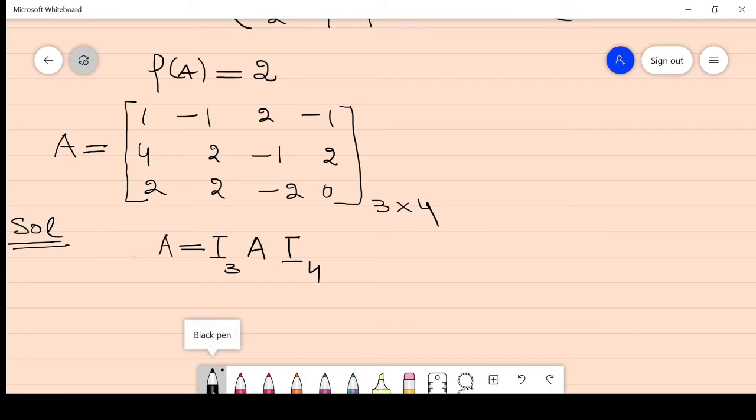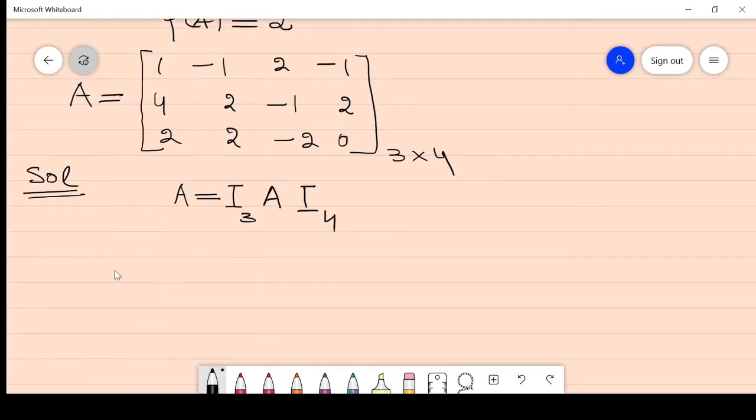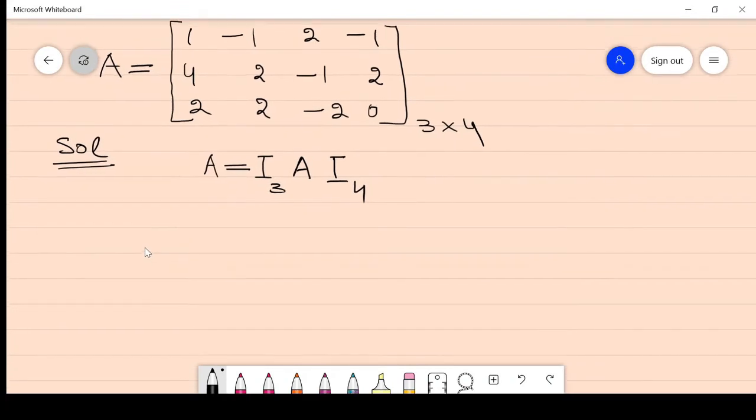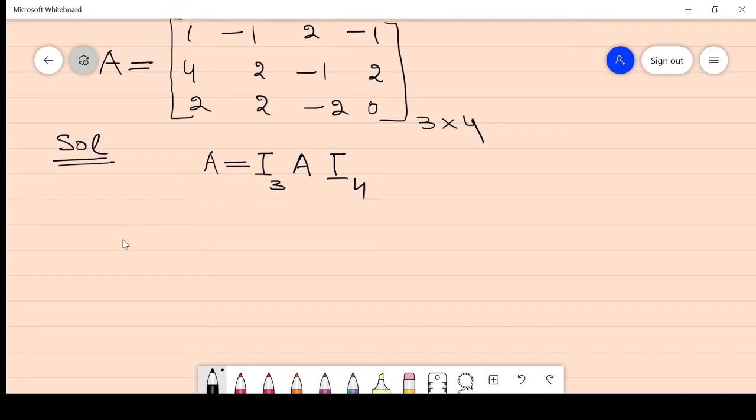Now from this, this can be written as, this is the matrix A: 1 minus 1 2 minus 1, 4 2 minus 1 and 2, third is 2 2 minus 2 and 0.